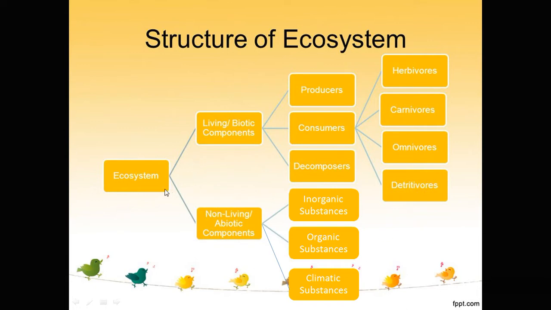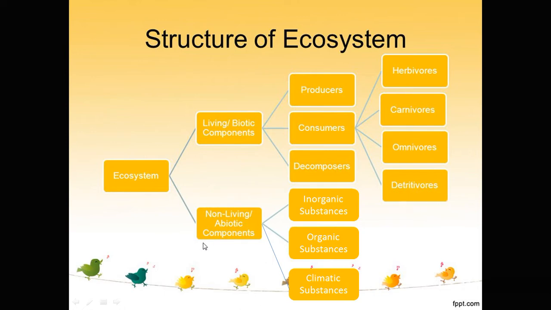Ecosystem is broadly classified into living components and non-living components, or these are the components of the ecosystem. Then biotic components are further divided into producers, consumers and decomposers. Consumers are further classified as herbivores, carnivores, omnivores and detritivores.